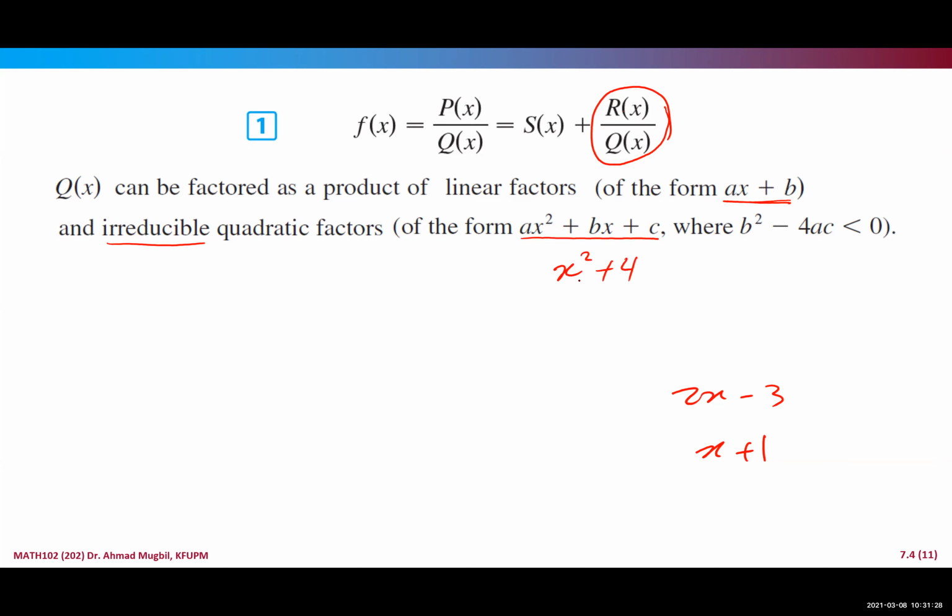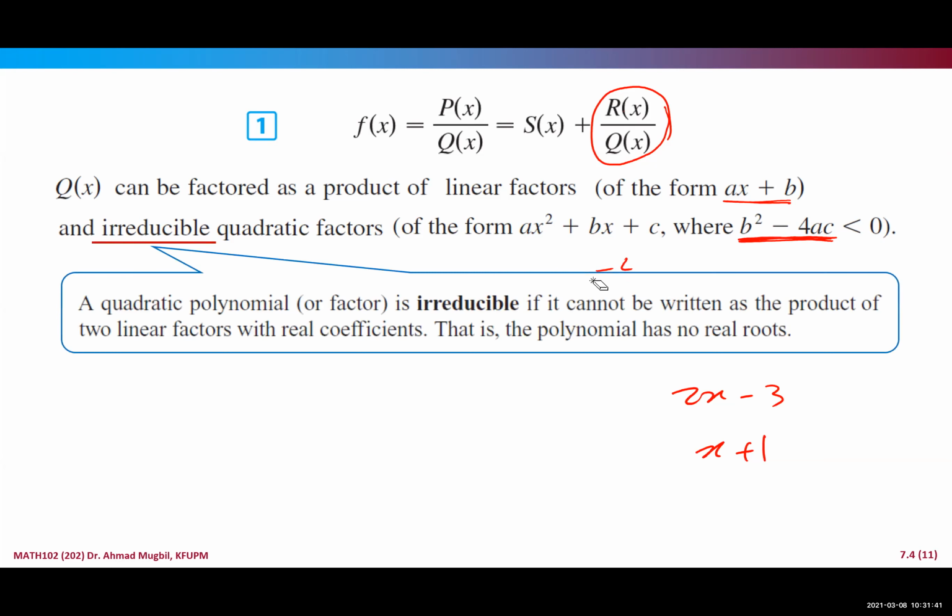This is an irreducible quadratic. Of course, it has no real zeros because the discriminant is negative. So you cannot factor it anymore as a product of linear factors. By irreducible, we mean that it cannot be written as a product of two linear factors. The polynomial has no real zeros, no real roots.